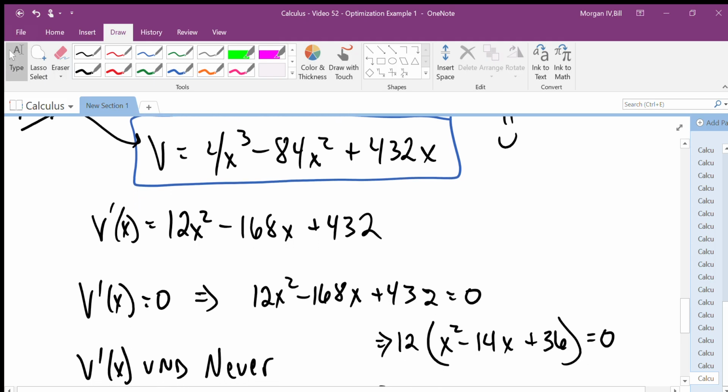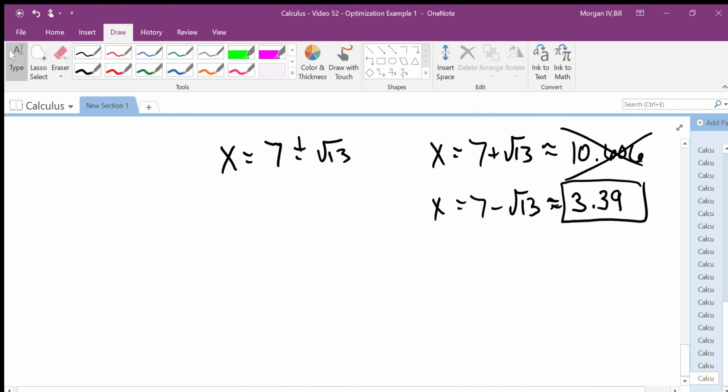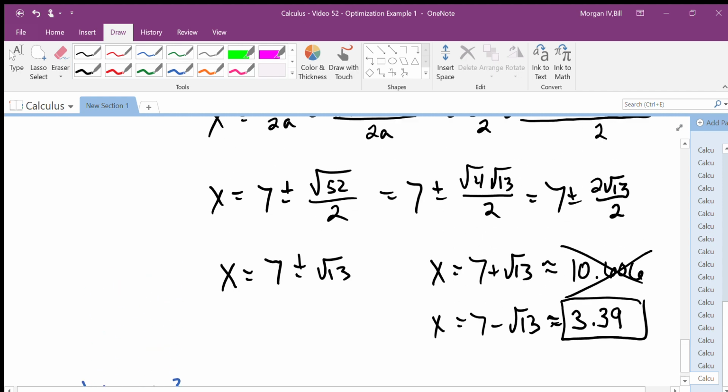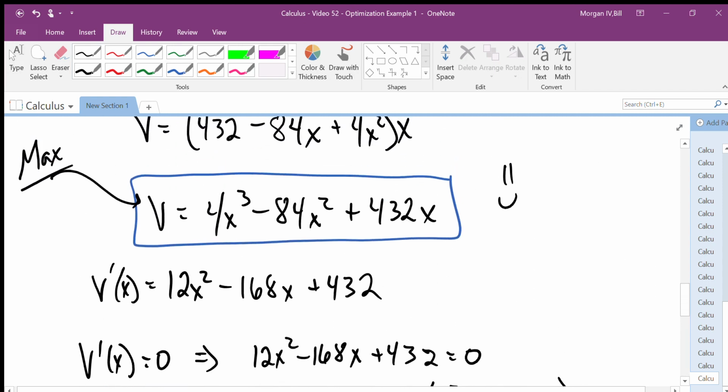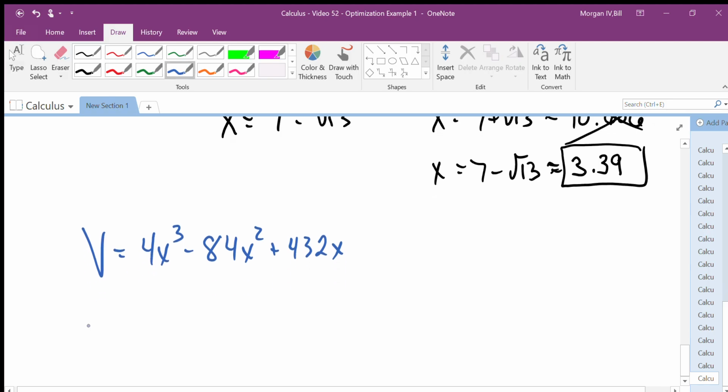So I've got 4x cubed minus 84x squared plus 432x. Volume is 4x cubed minus 84x squared plus 432x. And I would like to know what is the volume at 3.39 approximately.